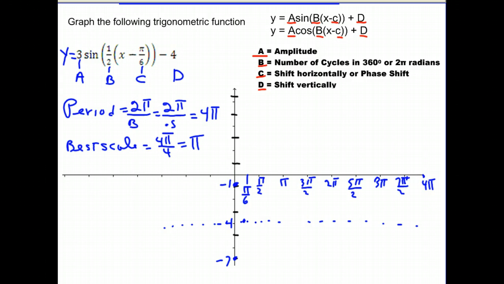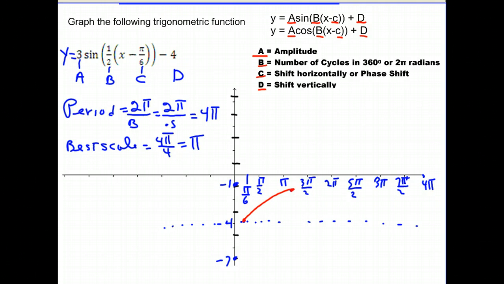So if you remember, we put down pi over 6. You might have noticed I just recalibrated our axes to make it a little bit easier to look at. And we know that the next time it hits a maximum point, which will be at -1, will be pi units over to the right. So since pi units is over here, pi over 6 will be a little bit past that.